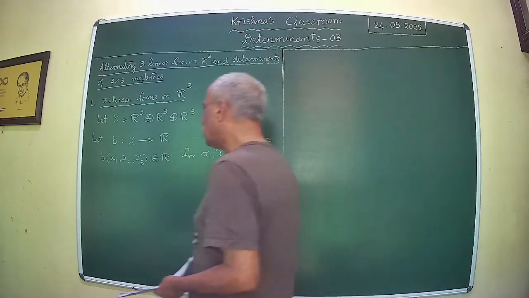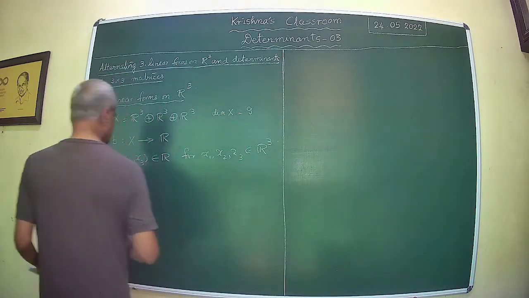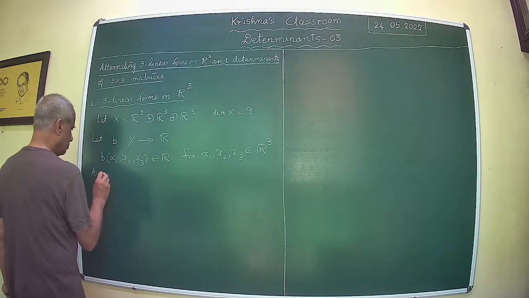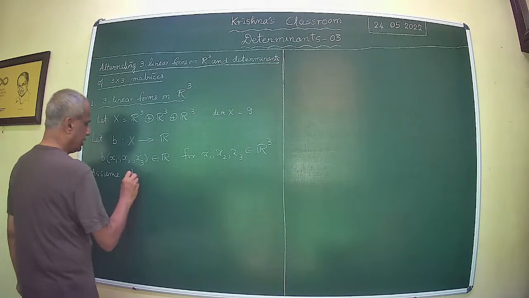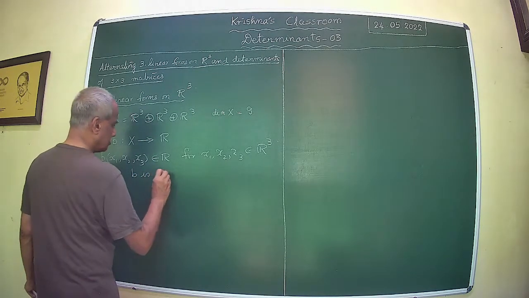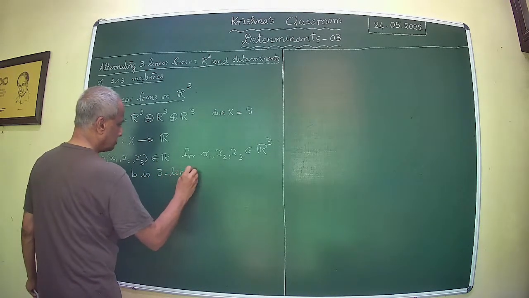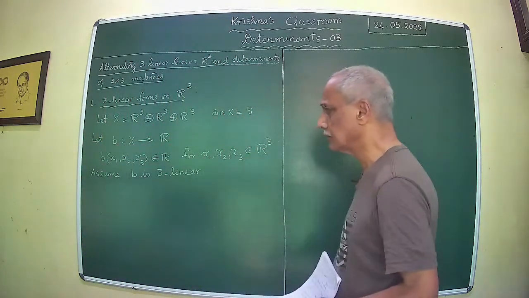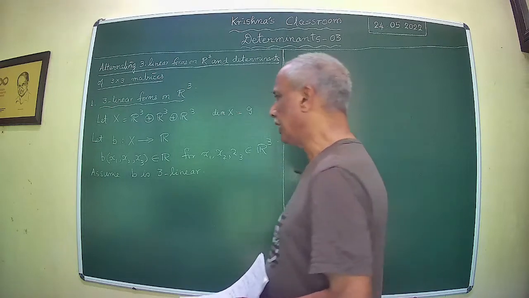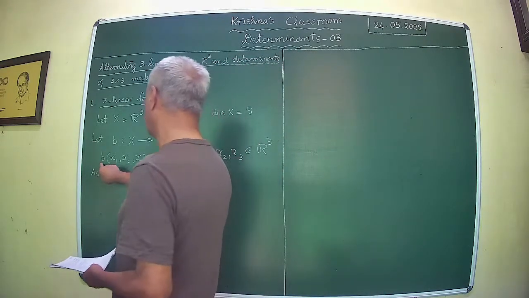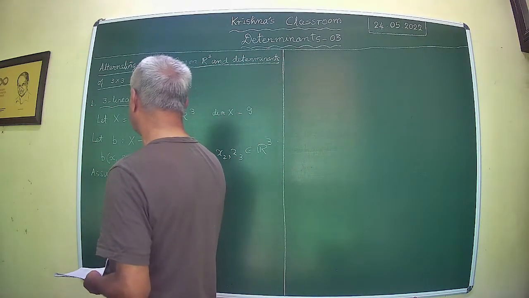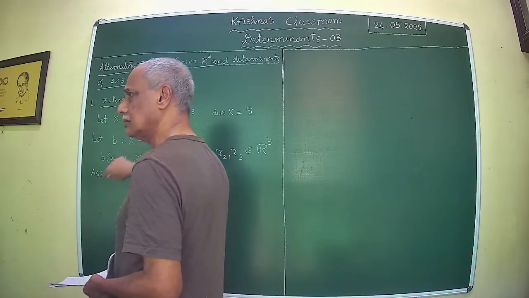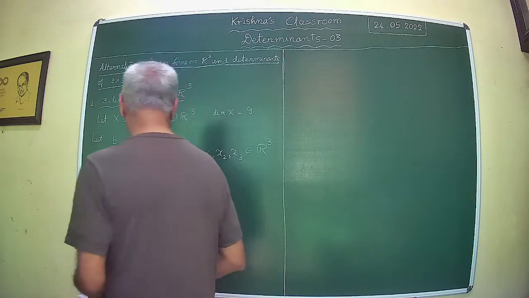Now the collection of all, okay, we assume B is trilinear, by which you mean that B is linear with respect to each of these arguments when the other two arguments are held fixed.